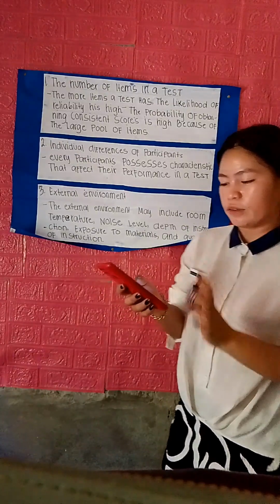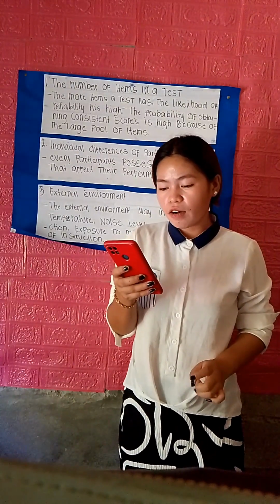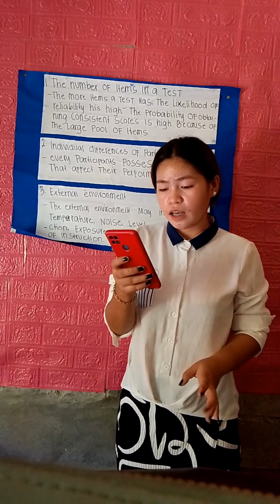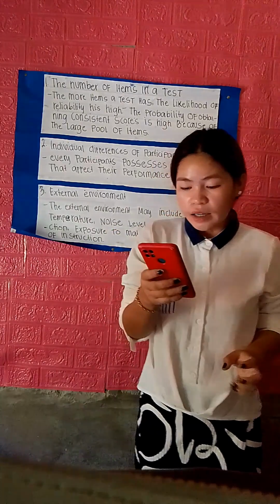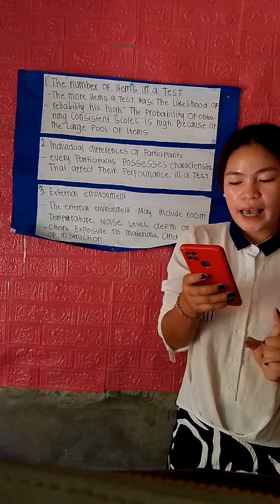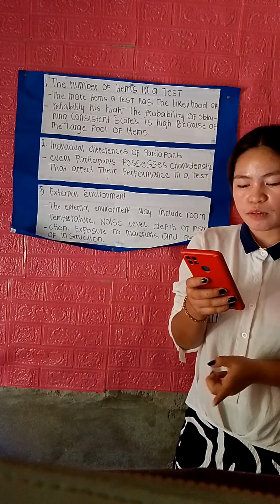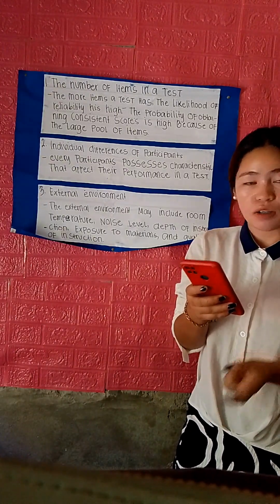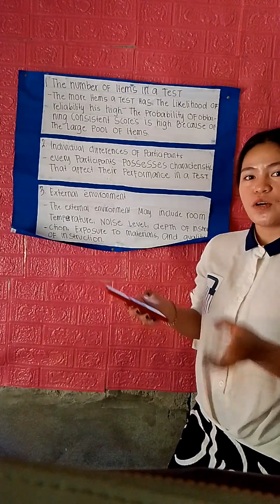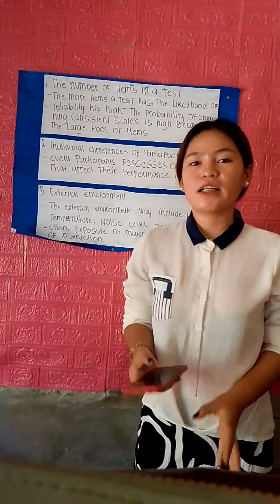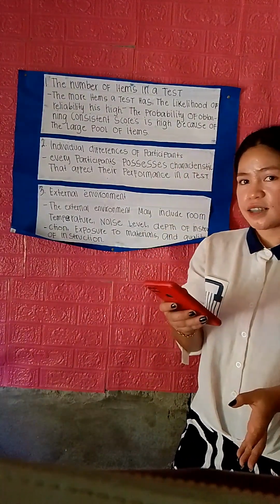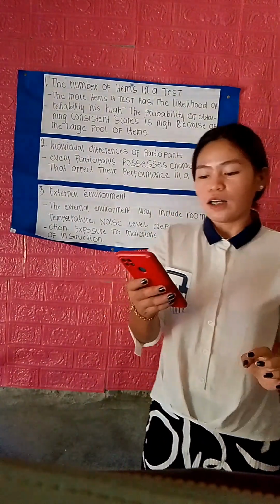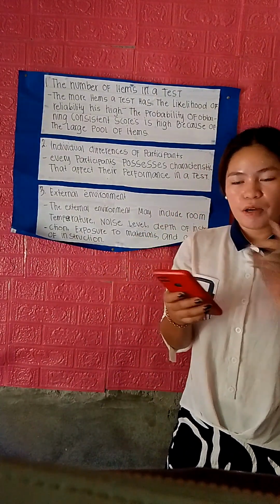It is a measure of how well a test or survey items correlate with each other and measure the same construct. So yan yung meaning ng internal consistency sa number 3 kanina, yung similarity. Meron pa siyang meaning.